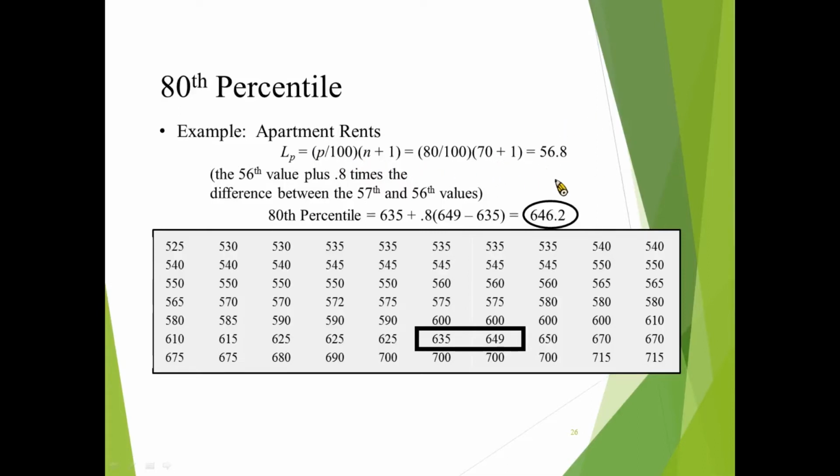So this number is 56.8. So this means the 56th value plus 0.8 times the difference between the 57th and the 56th value. Okay.